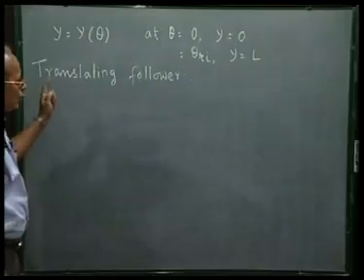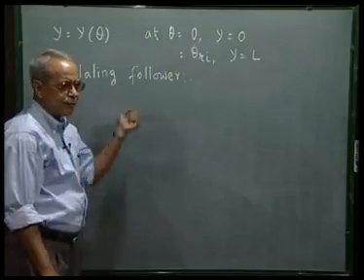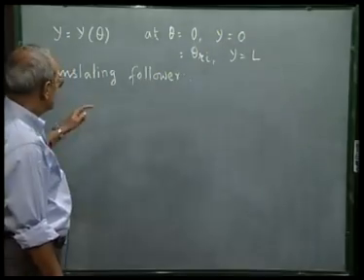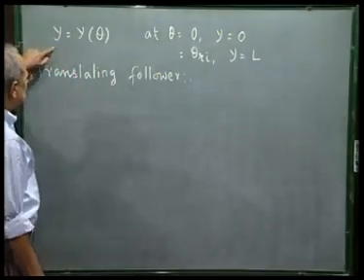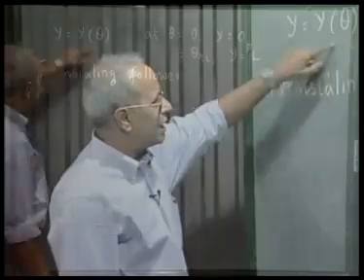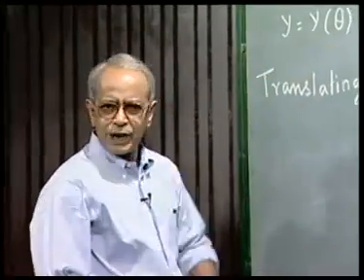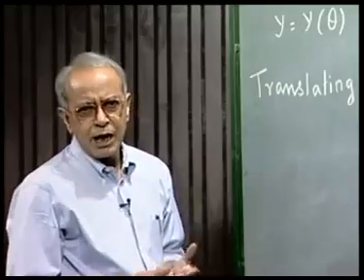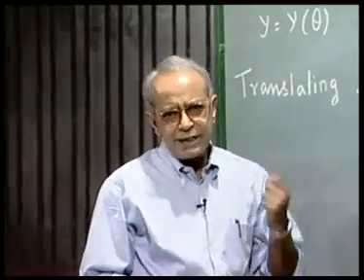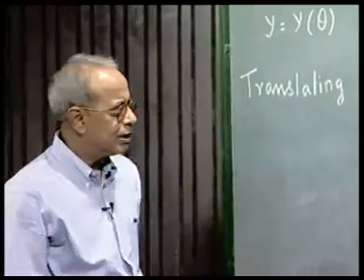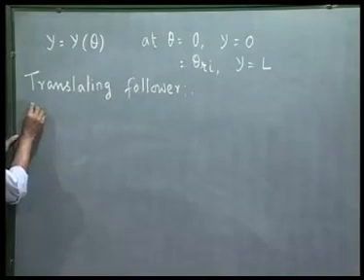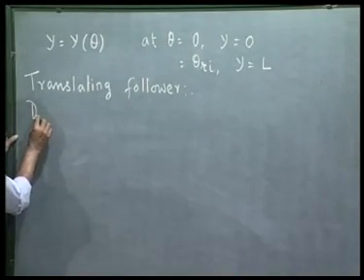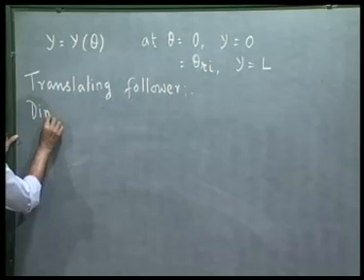However, before we get into the discussion of cam profile synthesis, we shall see that to produce this desired motion of the follower, we cannot come out with a unique cam unless we determine some basic dimensions of the cam. So, we first determine the basic dimensions.